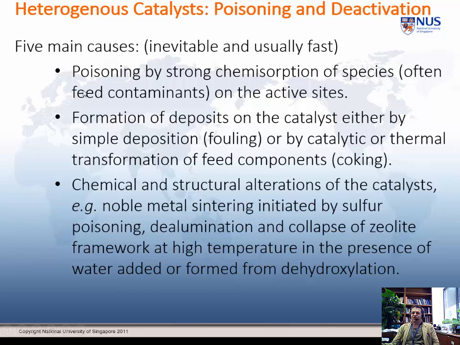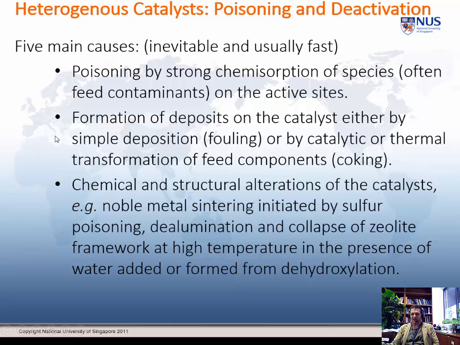Poisoning is usually defined as strong chemisorption of a species which you're not interested in. Sulfur in oil, for instance, is one. On the active sites, you're interested in dealing with the oil, but actually the sulfur adsorbs on the active site and bungs it up. Impurities in the feed is usually the source of these.